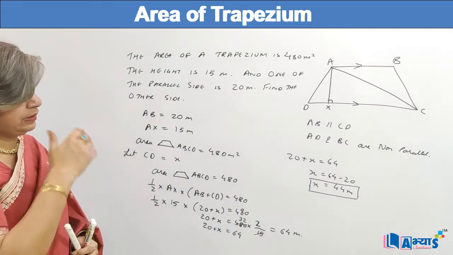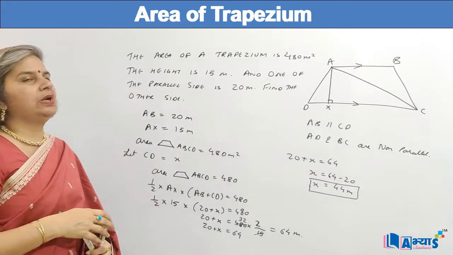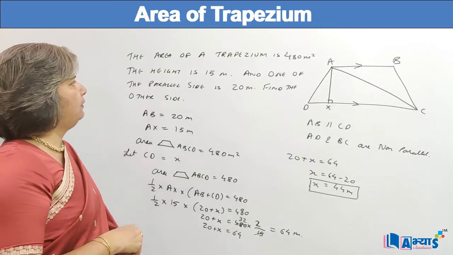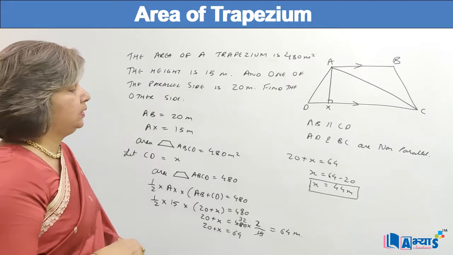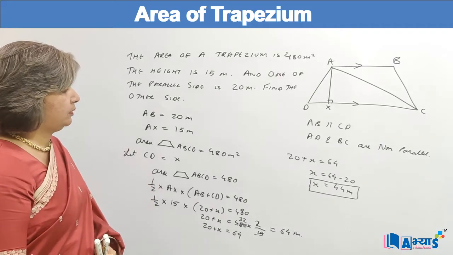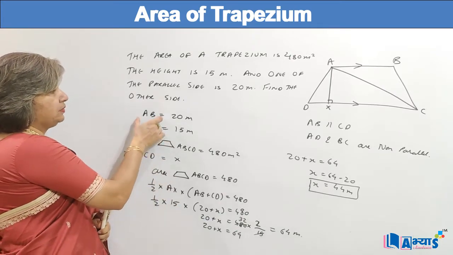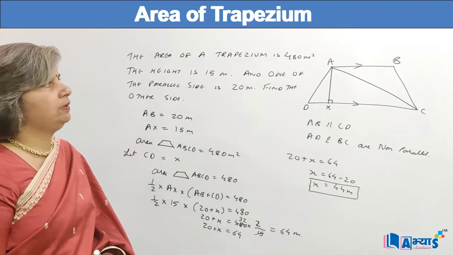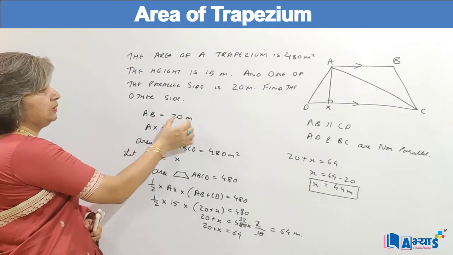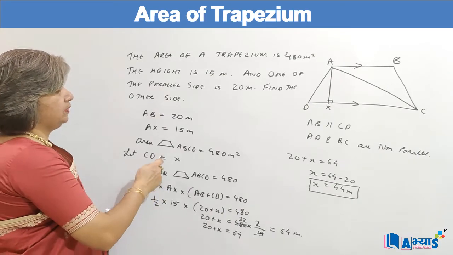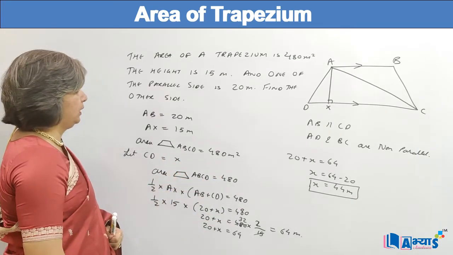So this is how we can find the other side when we are given the area of the trapezium. We have been given the height and we were given one of the parallel sides. The formula for the trapezium is half into height into sum of parallel sides. As it has been given that one side is 20 meters, we have assumed that AB is equal to 20 meters, AX is 15 meters, and area has been given as 480 meters square.